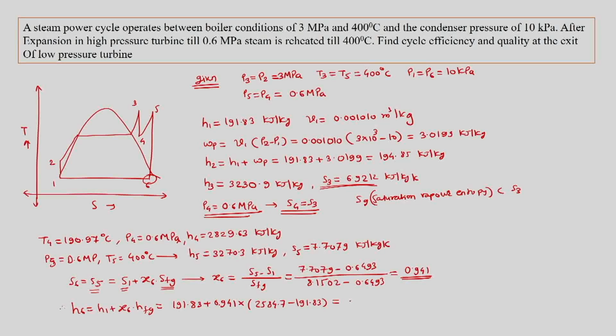This gives us H6 as 2443.52 kilojoule per kg. Using these numbers we can proceed and find the rest of the parameters.